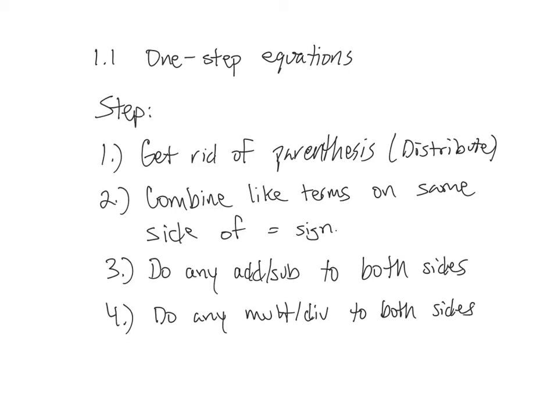You want to have this with you for like the whole chapter, because this order doesn't really change in almost anything we do. There is one or two small exceptions that when those happen, I will go over with you and explain. But for the most part, if you see parentheses, distribute. If you can combine stuff on the same side, combine them. Then you're going to do the both sides thing, adding and subtracting first, multiplying and dividing second.